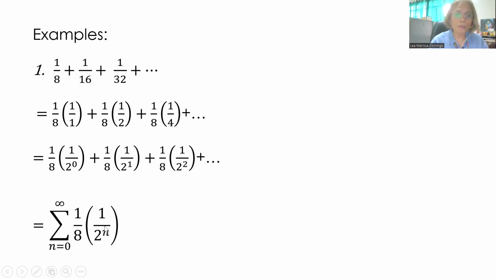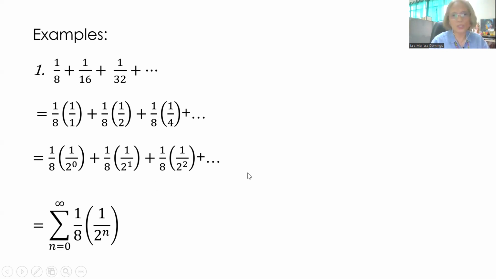So, we now have, besides our 1 over 8, which we noticed as a constant here, itong fraction, pwede nating i-express as 1 over 2 raised to the n, where n ranges from 0 to infinity, no? So, yung ating lower limit ay 0. Doon tayo nag-start. At bakit infinity?